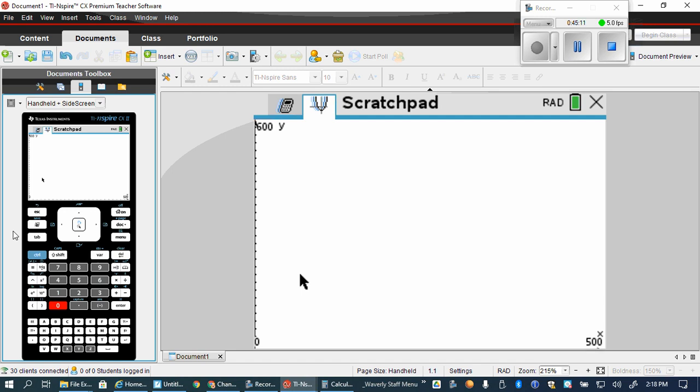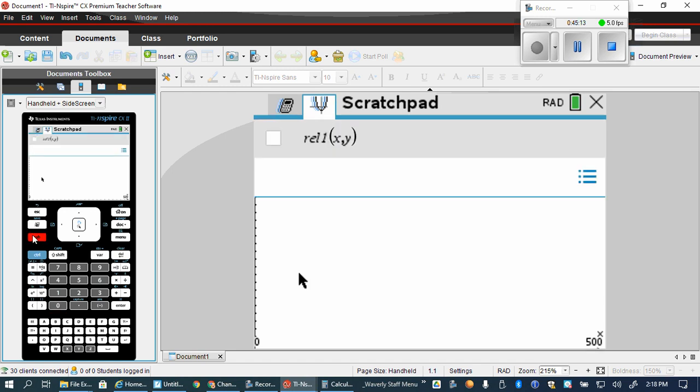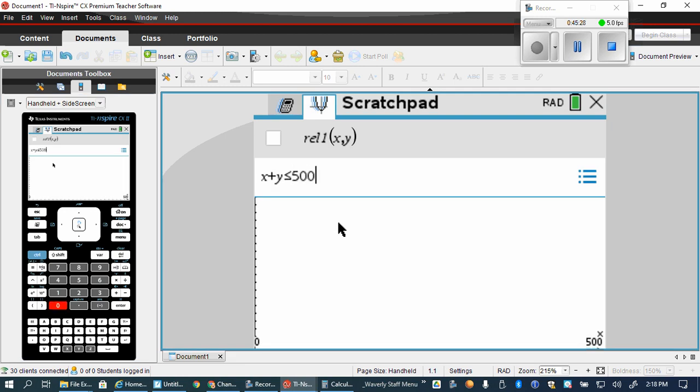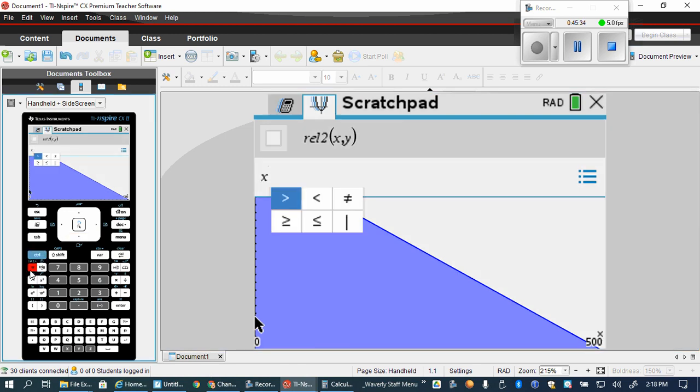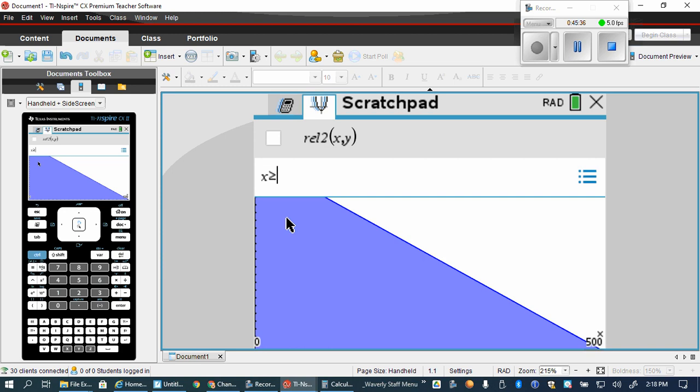Let's put our relations in. So, x plus y less than or equal to 500. And x greater than or equal to 200.